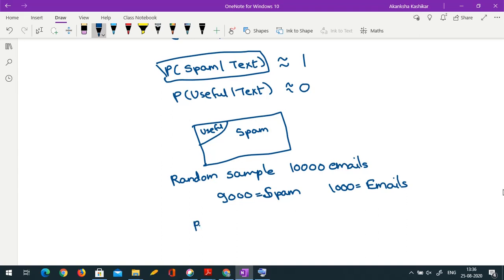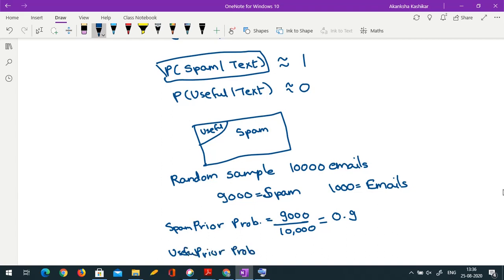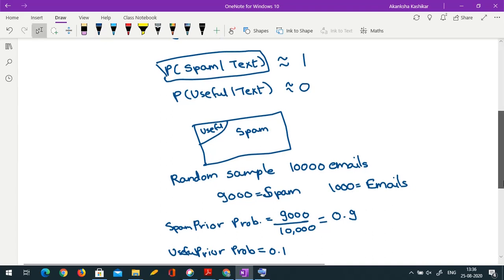Suppose. So what does it mean? It means that as far as my inbox is concerned, the prior probability of an email being spam is 9000 upon 10,000, so it is 0.9, and the prior probability of an email being useful would be 1 minus this, so it would be 0.1. Now I know these prior probabilities.